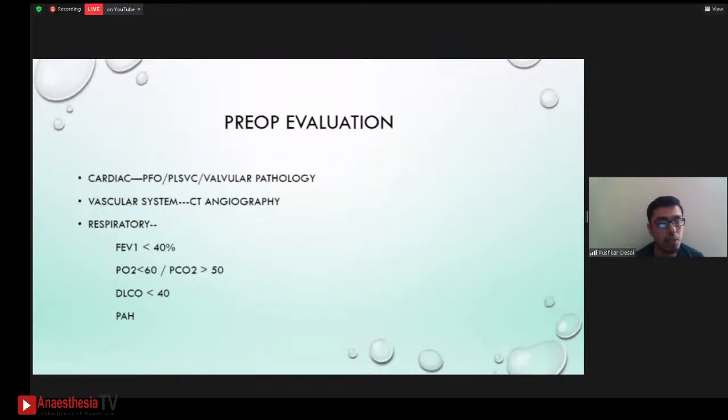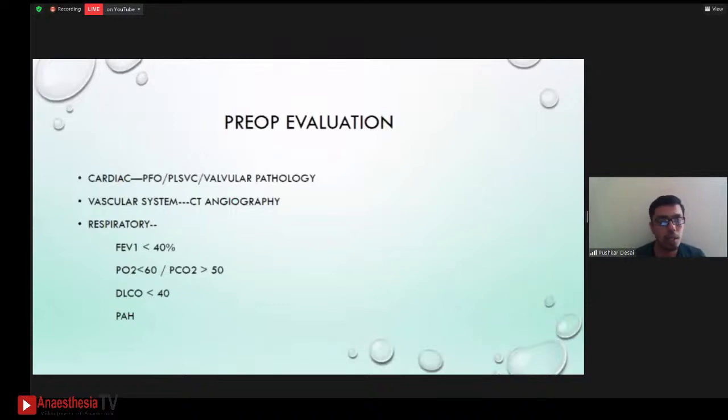The extra investigation would be DLCO, that is the diffusing lung capacity for carbon monoxide, which, if less than 40%, suggests that the patient has poor pulmonary function.